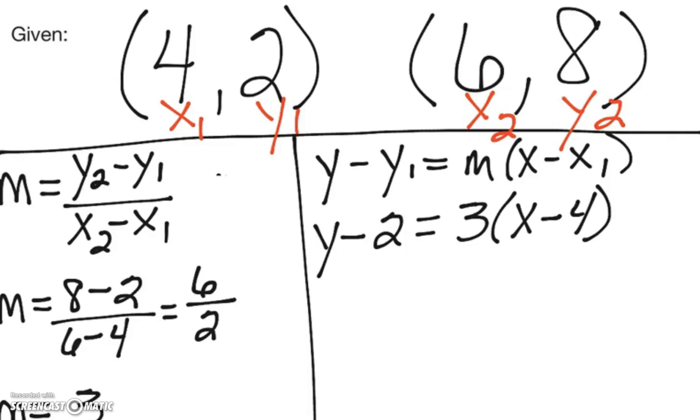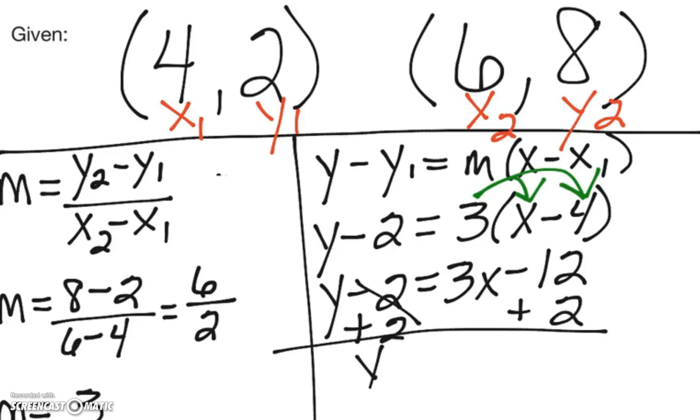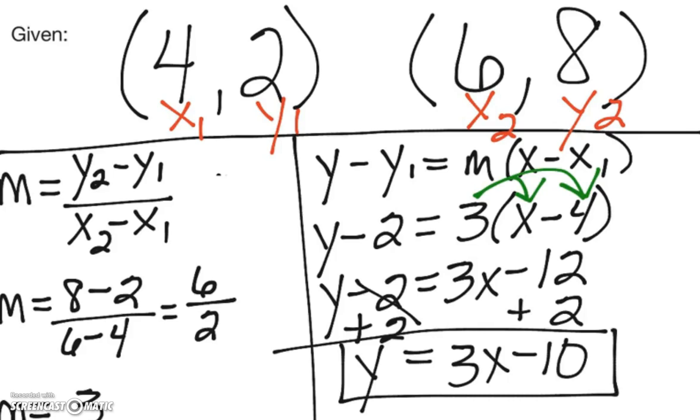Now we need to distribute and multiply our 3 through here. So we have y minus 2 is equal to 3x minus 12. We want our y by itself, so we add 2 to both sides. We get y equals 3x minus 10. This is the equation of our line.